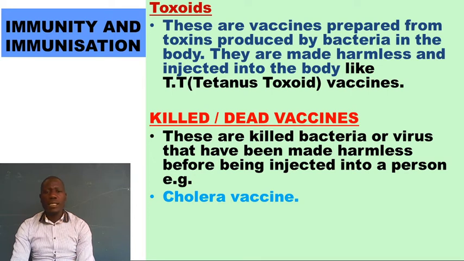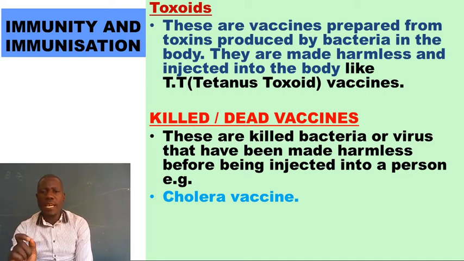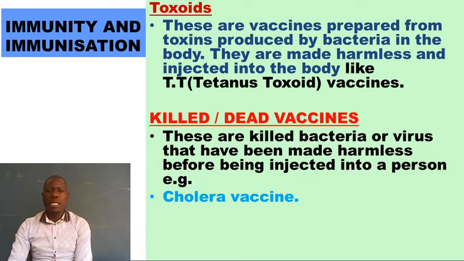You know, cholera is spread by a virus. When they kill this virus, they make vaccines out of it, become medical substances, and then they introduce them into the body. Now, when these vaccines enter the body, the body will become alert and produce antibodies in a way that when the real germs for cholera come, then they will be alert to kill these germs.